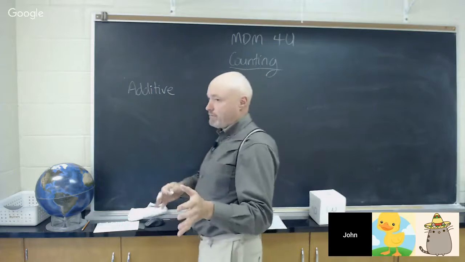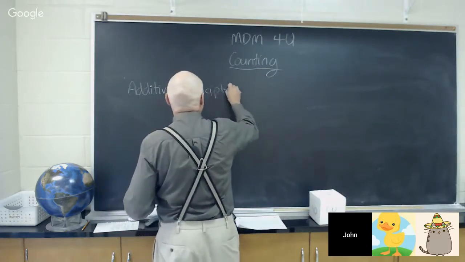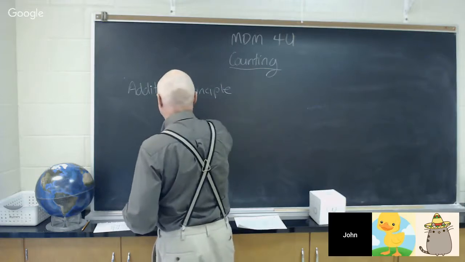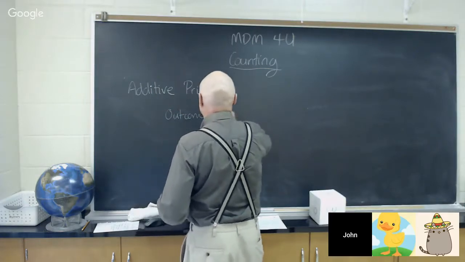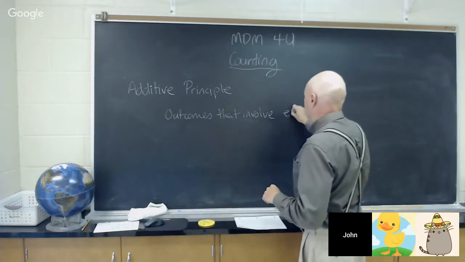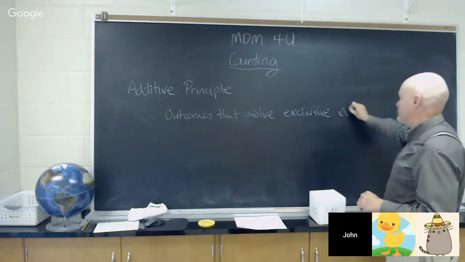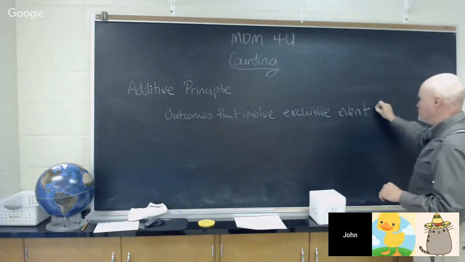And so if one happens, you know the other isn't happening. Okay, so this is for outcomes that involve exclusive events. In other words, when one event happens, it excludes the other one.